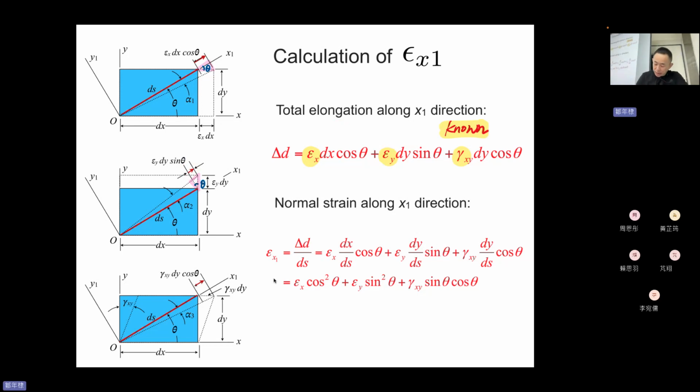Finally, gamma xy means that if you have a stress element and subject it to gamma xy, it becomes the dashed line here, and this point becomes deformed to here. And the component in the x1 axis is this red arrow, and we need to use this small triangle.